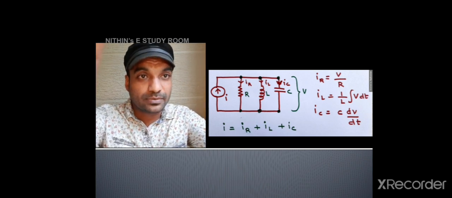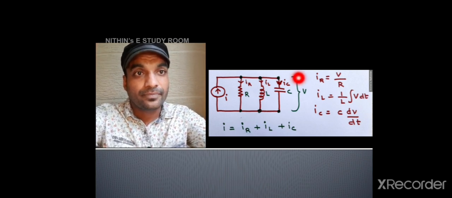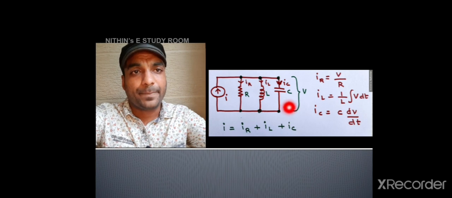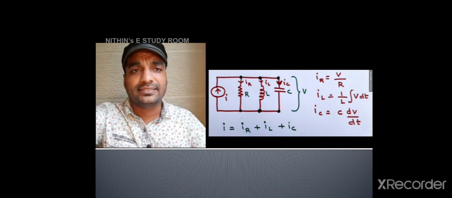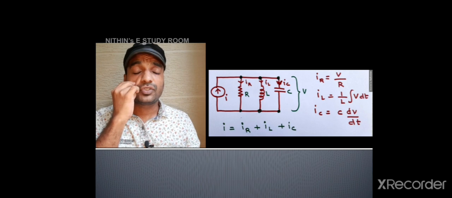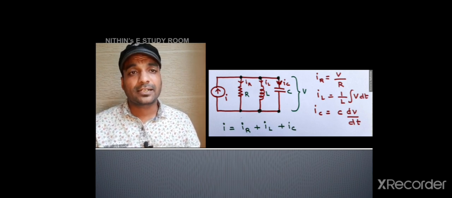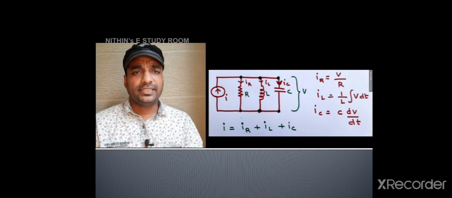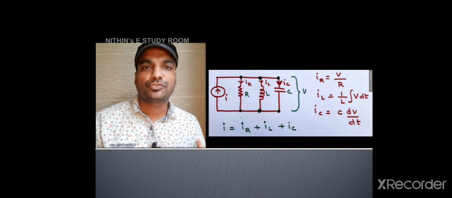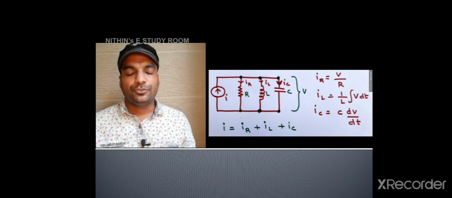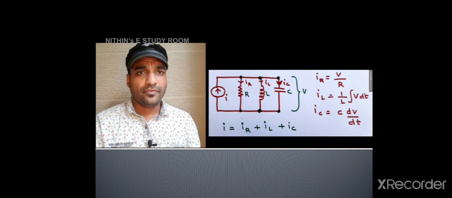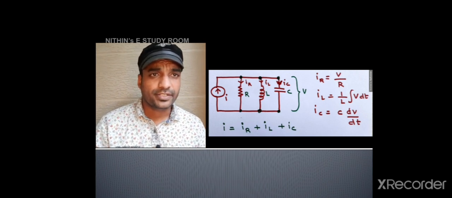So that voltage is marked here across these two terminals. So V is the same across capacitor C, inductor L and resistance R. The voltage across the three elements is the same and it is marked as V. So voltage is the same in a parallel circuit and current will split into different values. That is a conclusion you have to remember while going through this derivation.